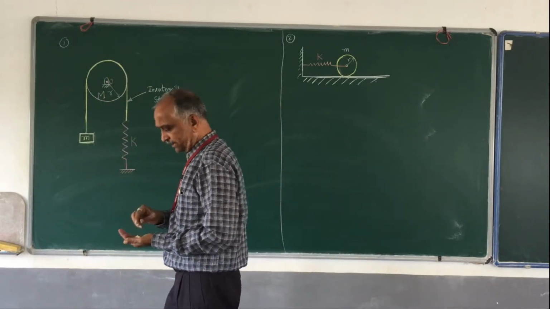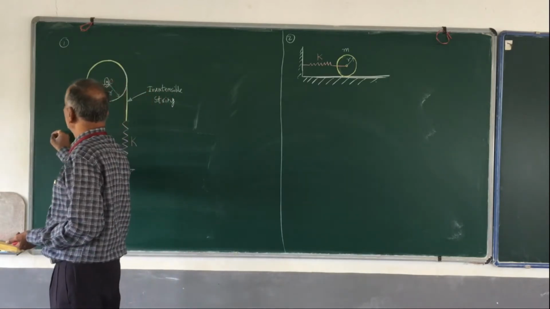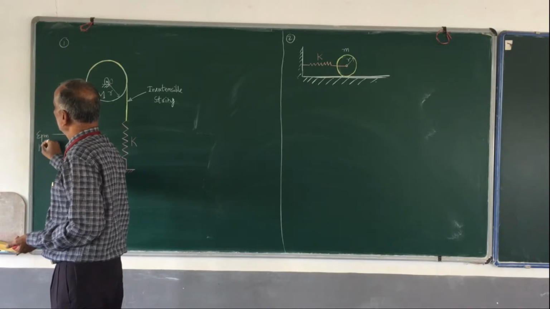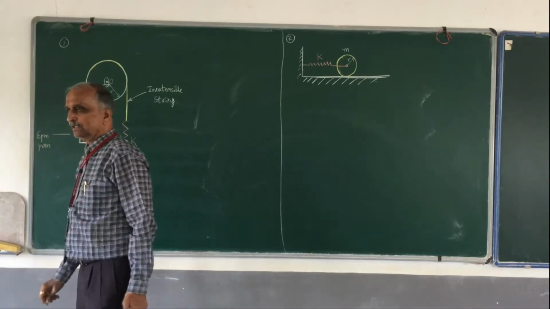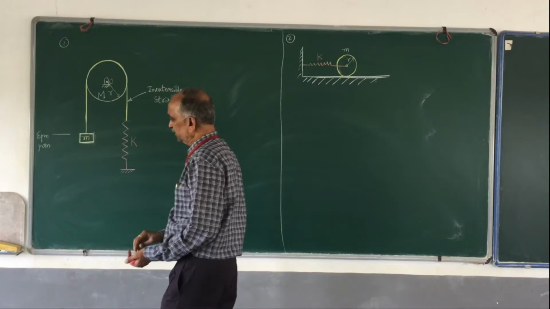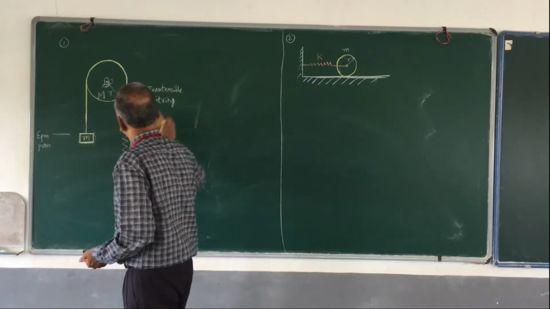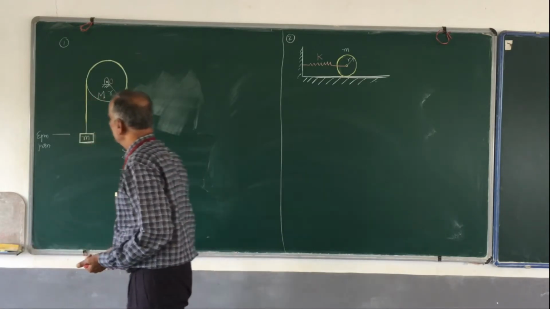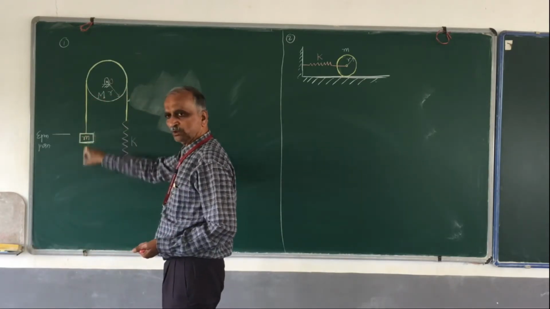So maybe right now whatever I draw is the equilibrium position. At equilibrium position, you know that it is inextensible, and the weight is trying to pull it down.